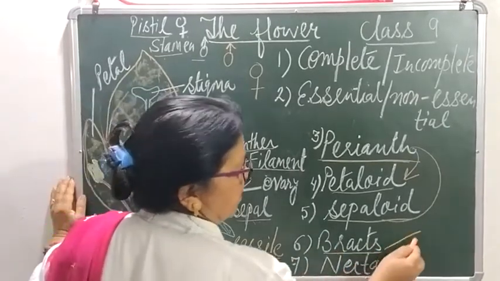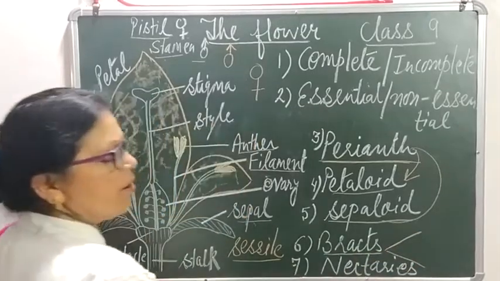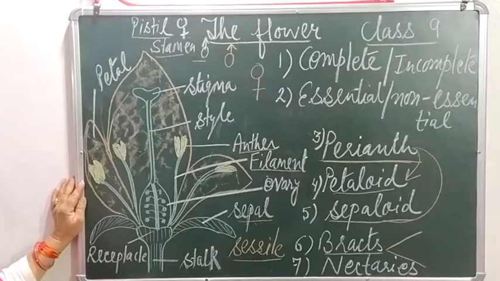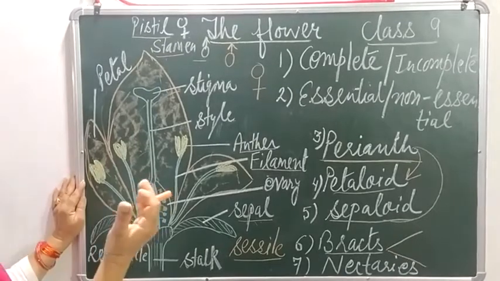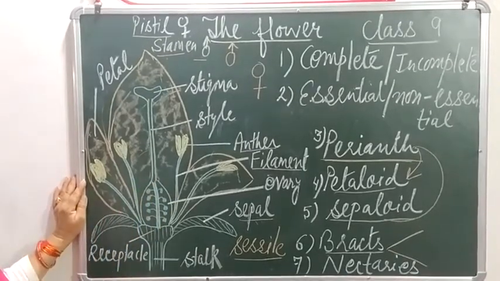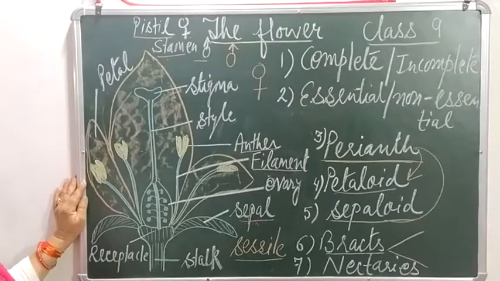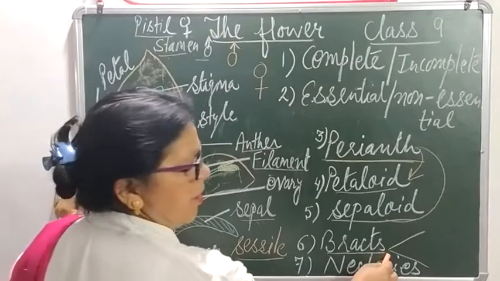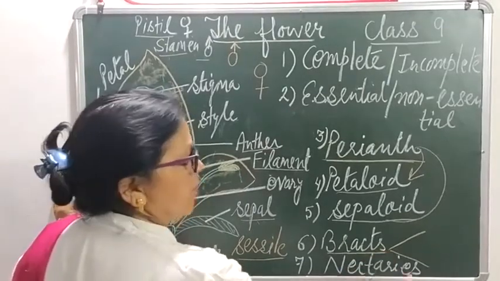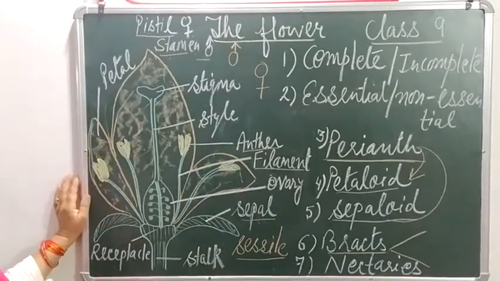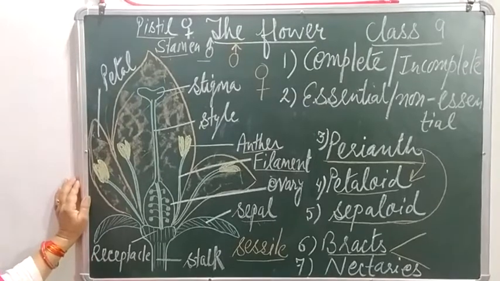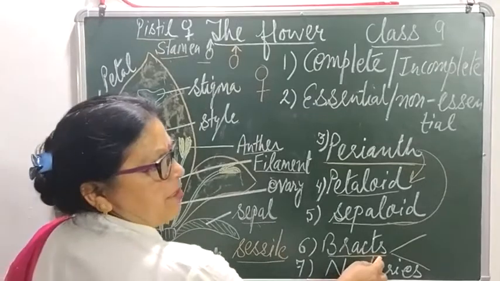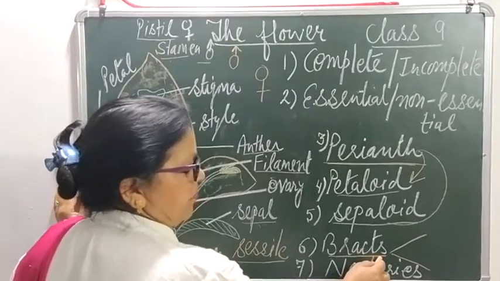Sometimes these bracts may be green or they may be colored. In a maize cob, you might have seen the green bract covering the fruit inside. In maize, it is green in color. In bougainvillea, there are colored leaf-like structures, but they are not leaves, and they are not the flower also, and the flower is present inside it. That is a colored bract.